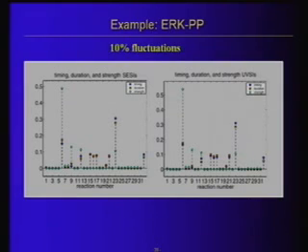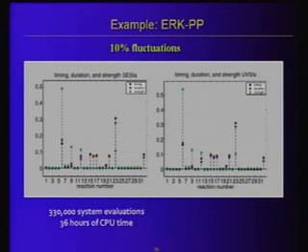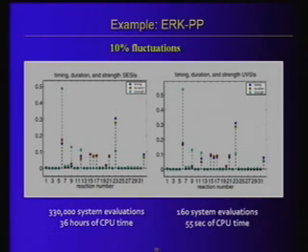This shows the actual result obtained by Monte Carlo simulation of the SESIs, and this is the approximation. Pretty good. This is very impressive. The first one requires 330,000 system evaluations or 36 hours of CPU time. The second one requires 160 system evaluations or 50 seconds of CPU time. But it's only for the SESIs, not the TESIs.